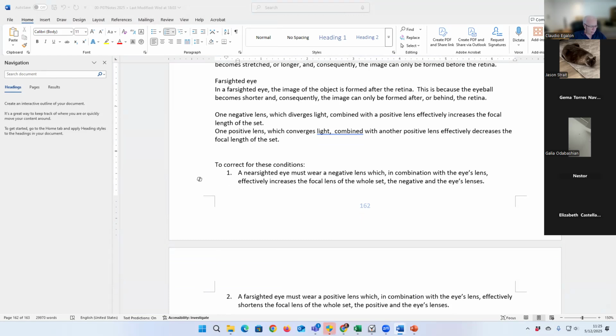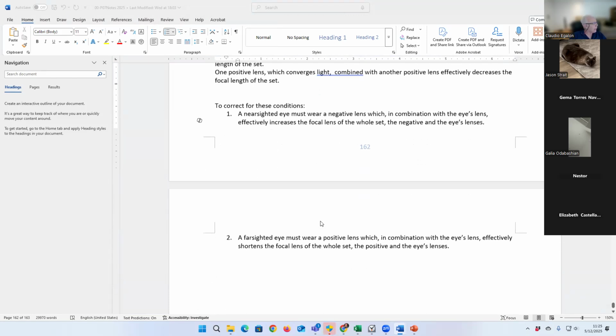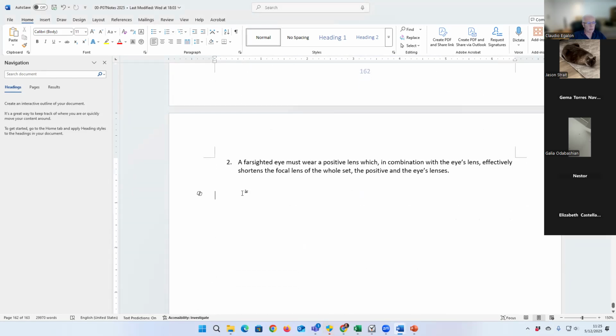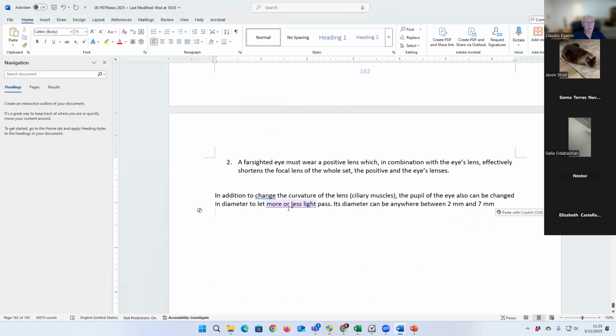Okay, and what else do we have to know? In addition to the curvature of the lens, which is affected by the ciliary muscles, the pupil of the eye can also be changed in diameter to let more or less light pass, right?